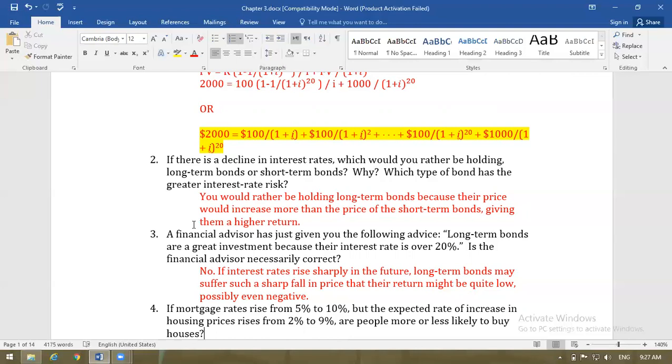In this case you are unaware of the market interest rate, so it will be more risky if in future the market interest rate increases, because there will be capital losses instead of capital gains. Whenever you are unaware of the fluctuation in the market interest rate, short-term bonds will be more preferable as compared to long-term bonds.